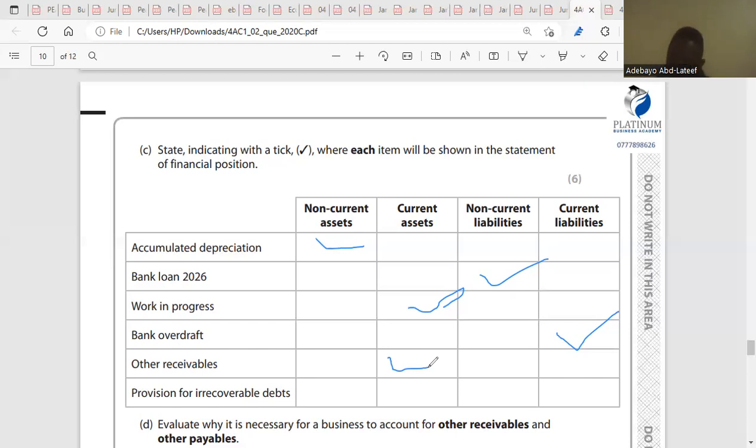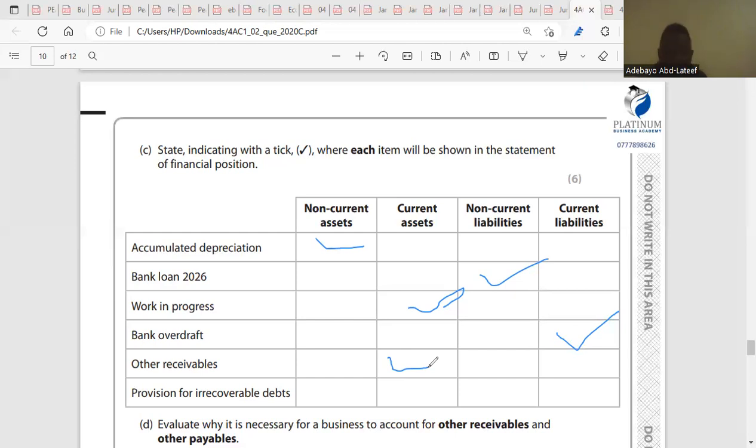Do you get the point here? Kind of. Okay, I will explain again. Your debtors are current assets. These are the customers that are owing the business. They are supposed to pay the business because they are owing the business. But the business is thinking about the future. Maybe the customers will not come back to pay.